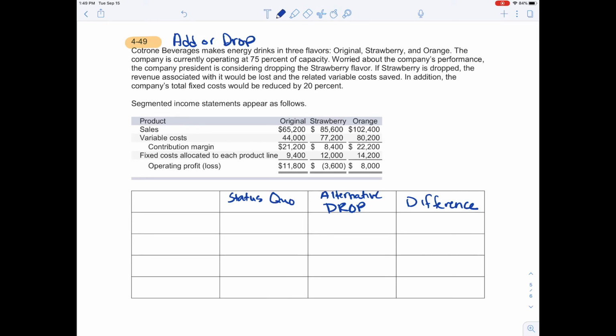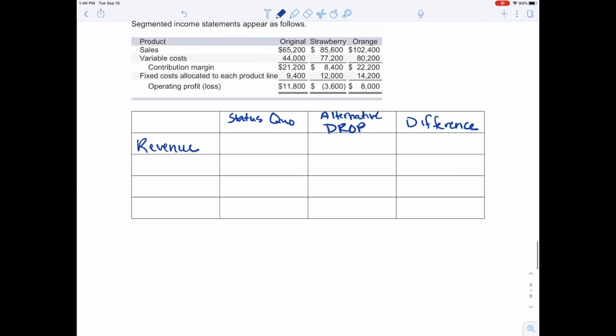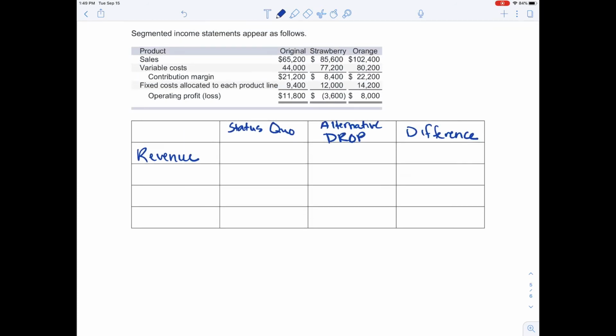So I'm going to look at the revenue that each one brings in. We're going to subtract out those variable costs to come down to our contribution margin. Subtract those fixed costs. I need one more line here, which would then equal that profit.